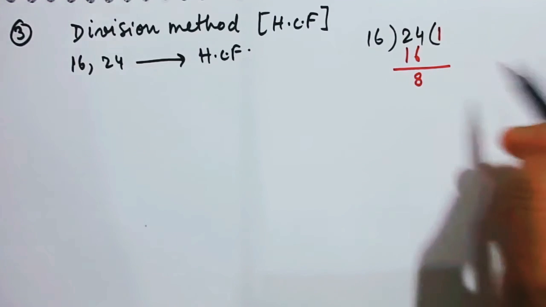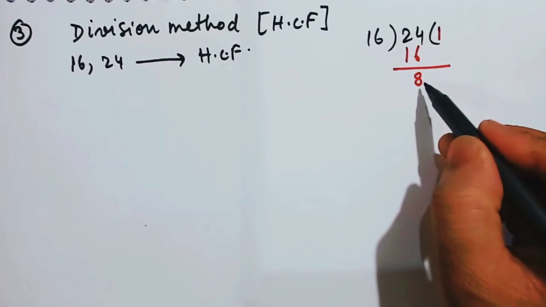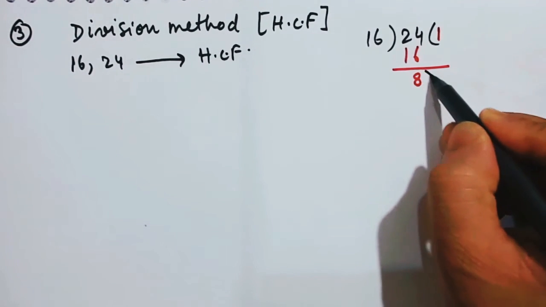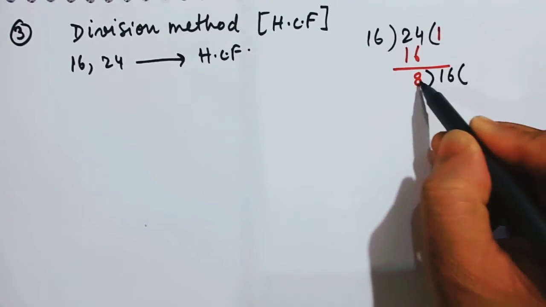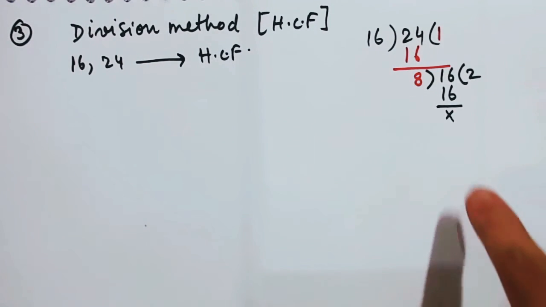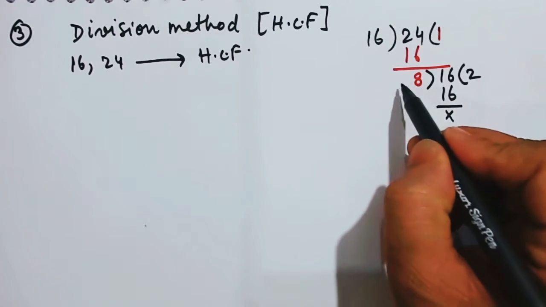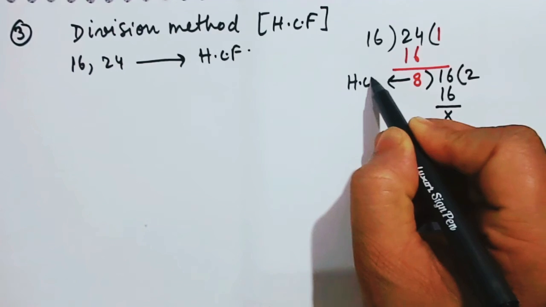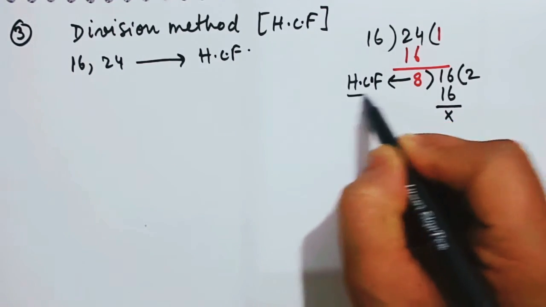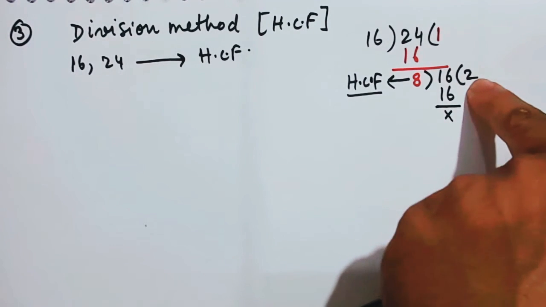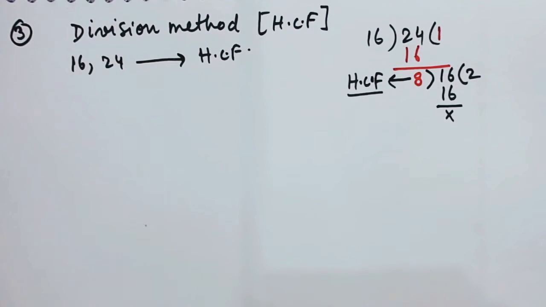Here you will get remainder 8. Now this remainder becomes the divisor of 16. 8 times 2 is 16. Now when your division ends, the last divisor is your HCF. The last divisor is your HCF. Please mind it. Sometimes children write this other number as the HCF. Don't make that mistake.